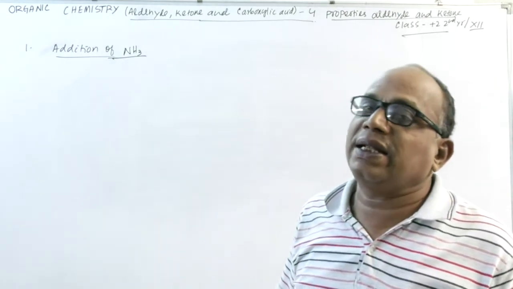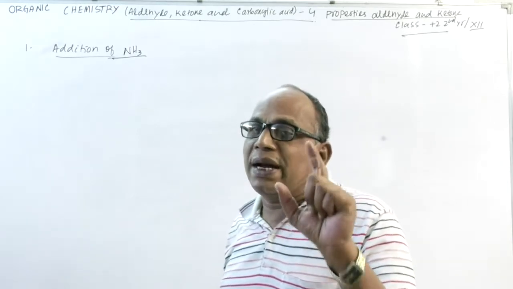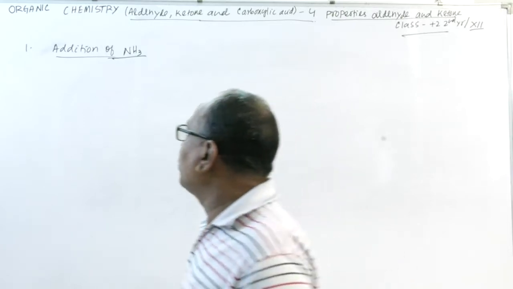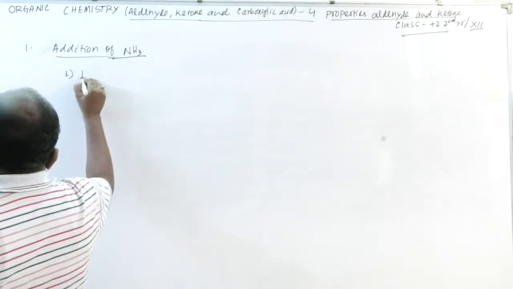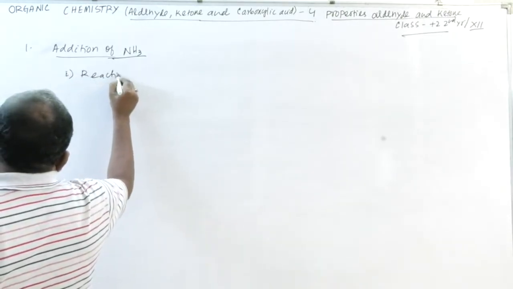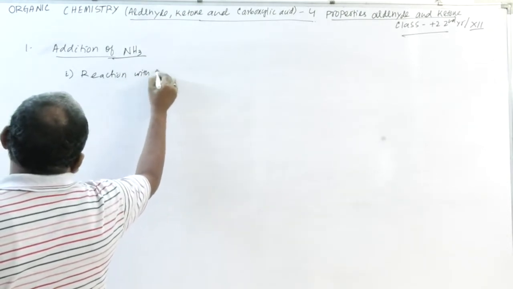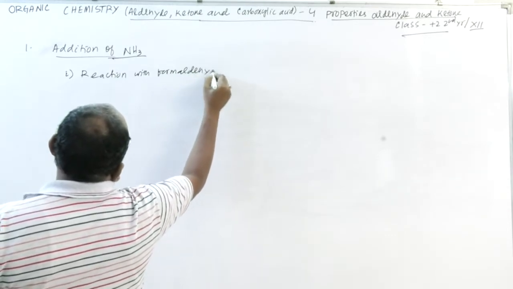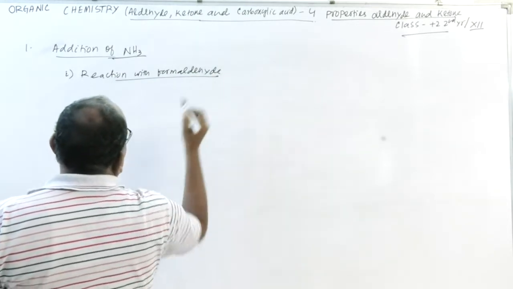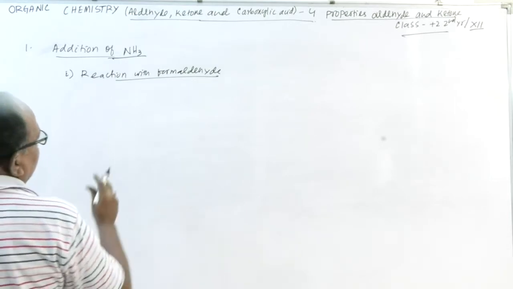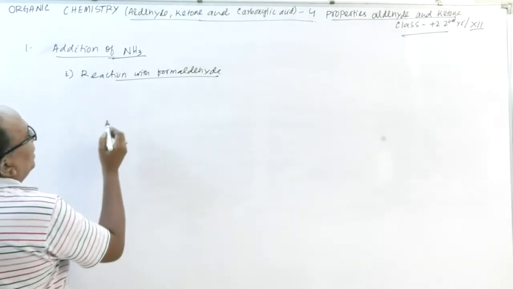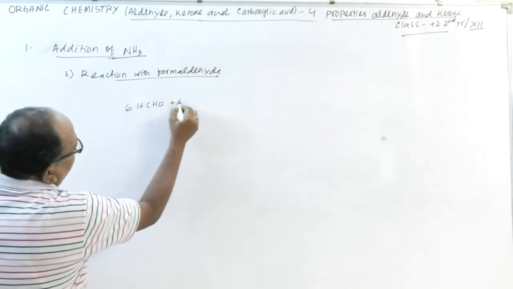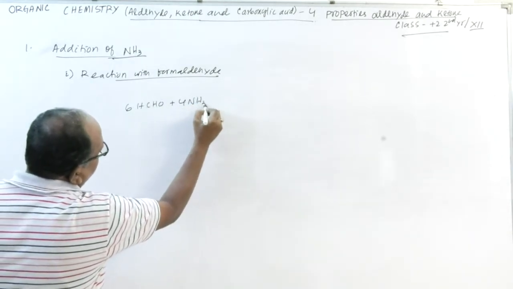We will discuss the addition of ammonia with formaldehyde, with acetaldehyde and acetone. First come to the reaction with formaldehyde. Six molecules of formaldehyde react with 4 molecules of ammonia.